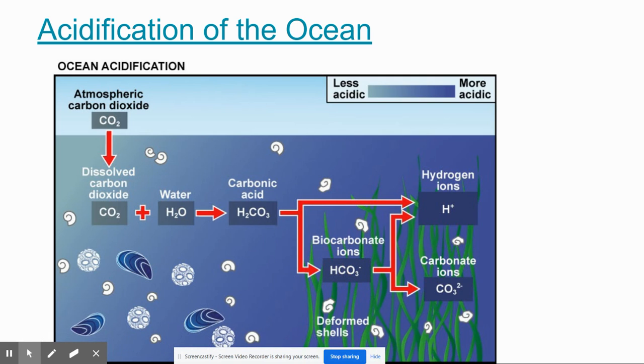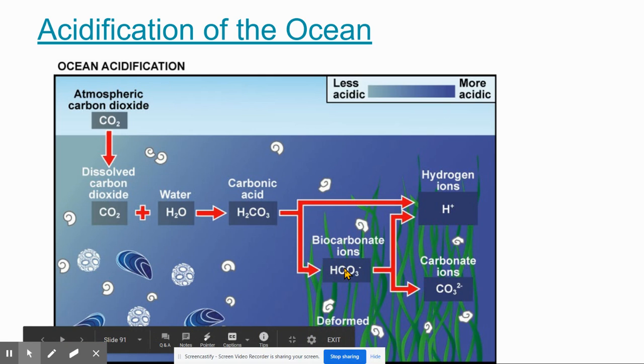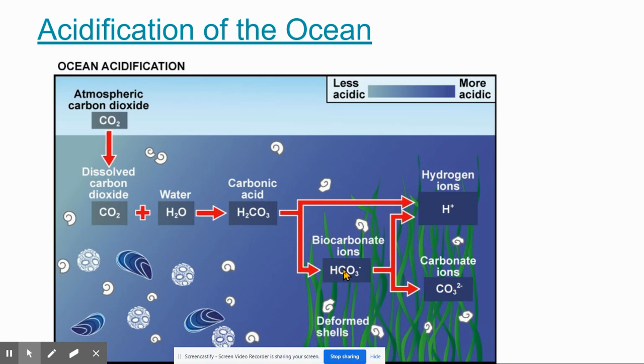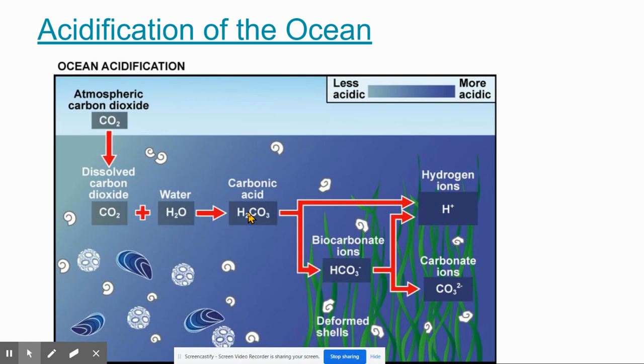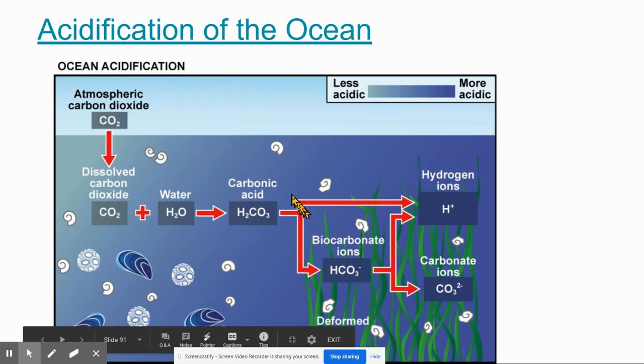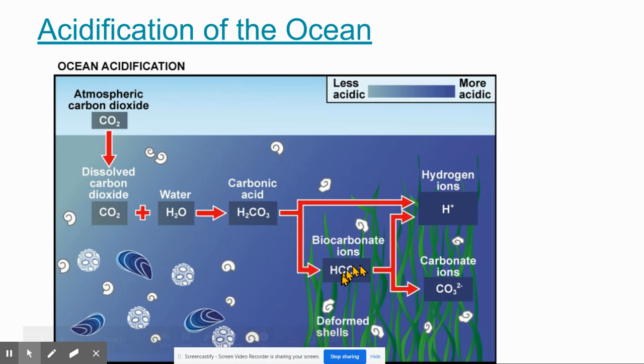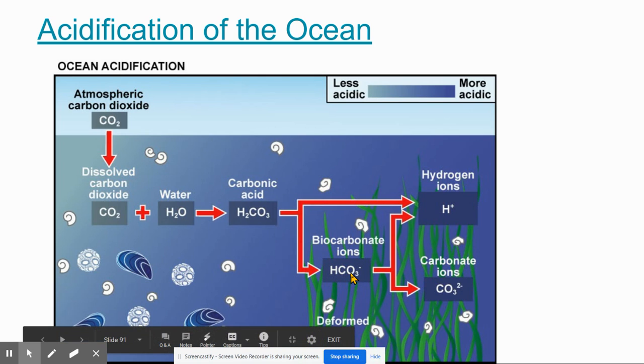But basically, these shells need bicarbonate ions right here, and that's how they make their shells. So they're basically calcium carbonate. But this is actually taking that away from them. And because of these hydrogen ions, that's why it's becoming more acidic. So this is actually robbing them of the bicarbonate. It's actually skipping this step and going here, where the shells actually need this to make their shells. Anyways.